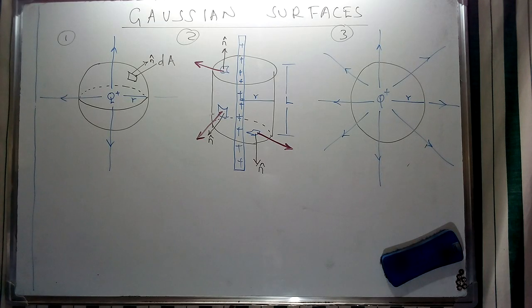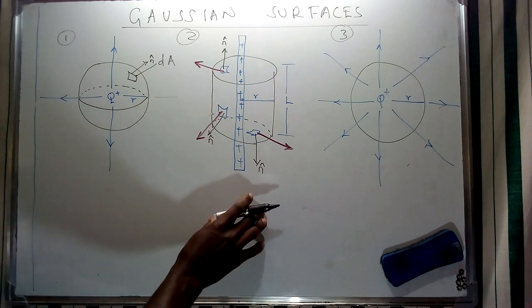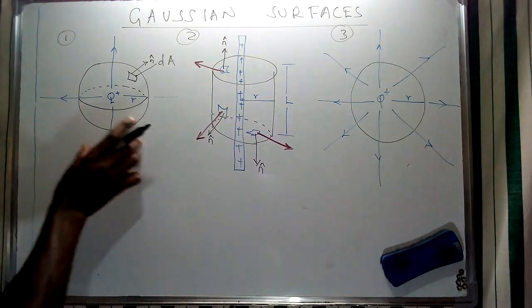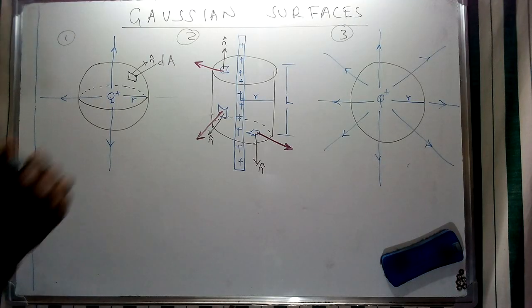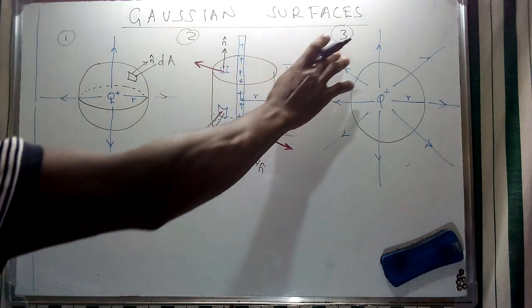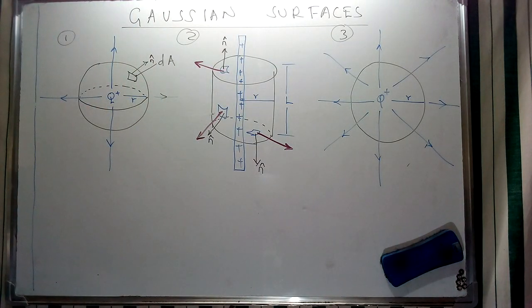The first one is a spherical shape illustration, the second one is a cylinder, and the third is a two-dimensional illustration of a circle. We'll use these to explain the relationship between two-dimensional and three-dimensional cases, giving a figurative way of explaining the concept of Gaussian surfaces.